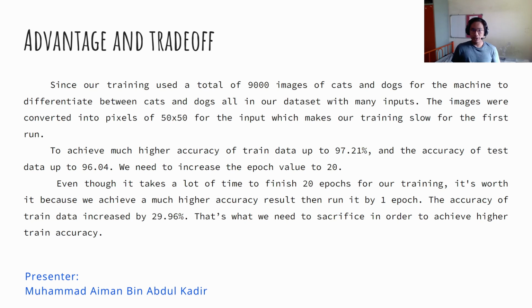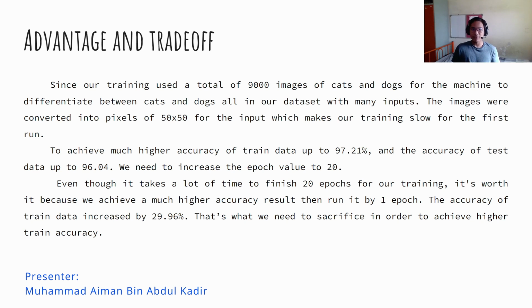To achieve much higher accuracy of training data up to 97.21% and the accuracy of the test data up to 96.04%, we need to increase the epoch value to 20. Even though it takes a lot of time to finish 20 epochs of training, it is worth it because we achieve a much higher accuracy result than running it for one epoch.